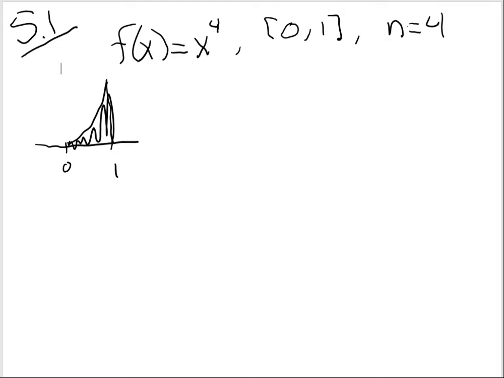Okay, so if we're going to approximate by rectangles, we need the rectangle width and length. The width, or I've been calling it delta x, is the difference of the interval divided by the number of rectangles, or in this case, 1/4.